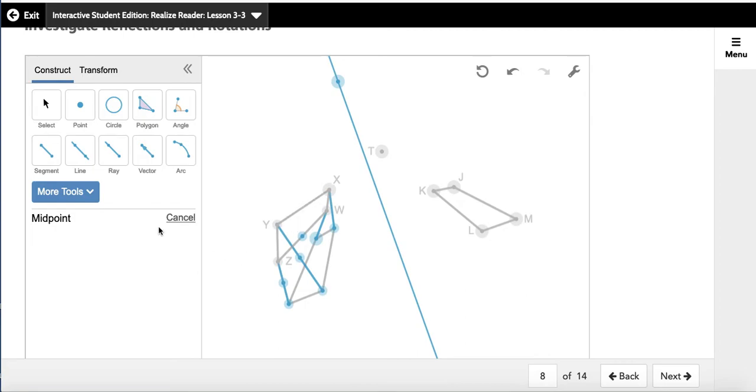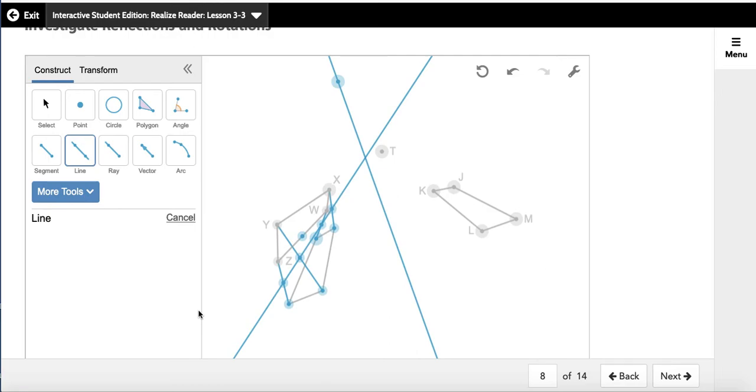I don't know why it didn't undo it. Oh well, midpoint of this segment and midpoint of this segment. Those four appear to line up. I'm going to draw a line between those four. Look at that. They all line up.